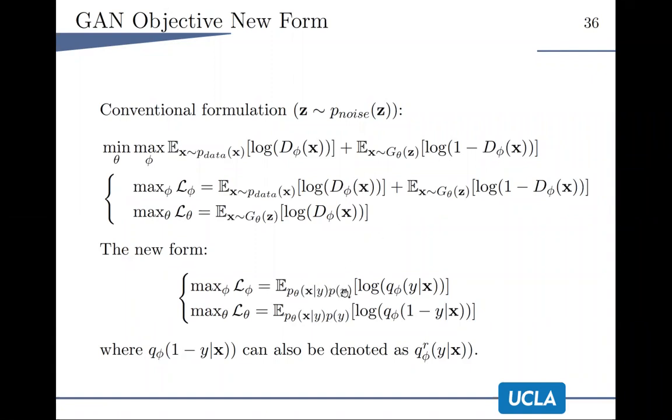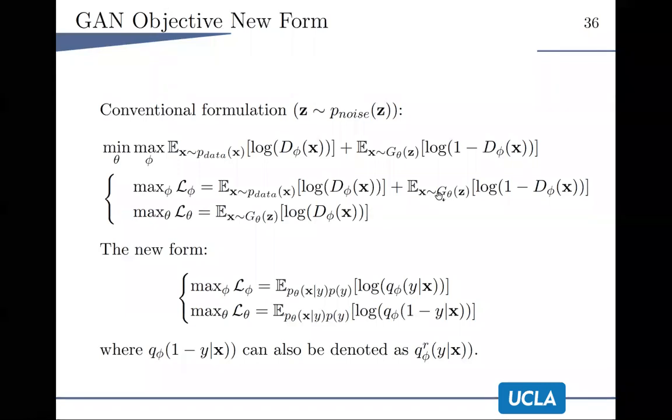This time, the first part of the discriminator loss is where y equals 1 always, and the second part is where y equals 0 always.